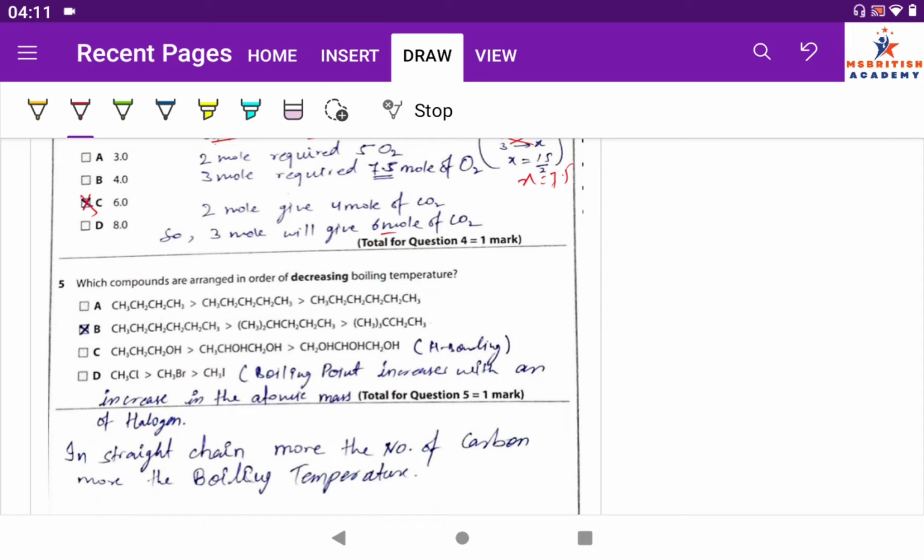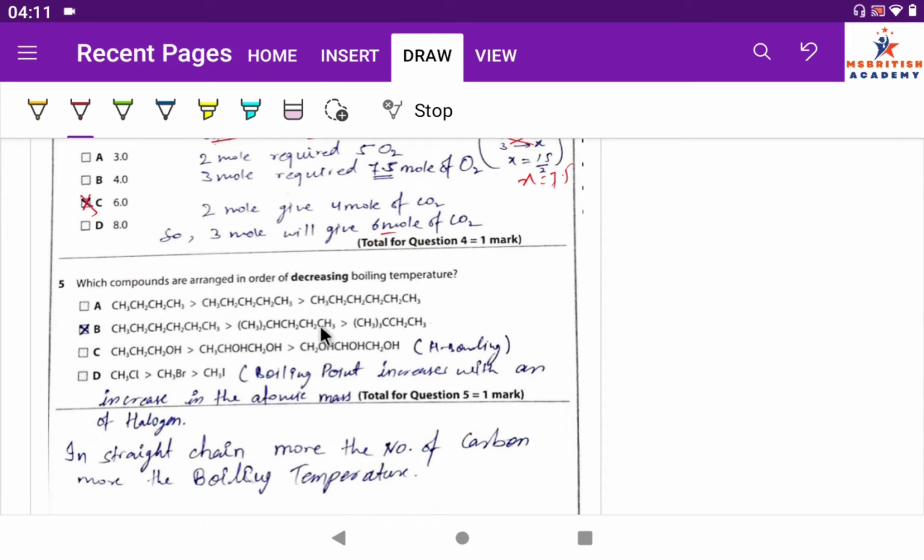Now question number 5. Which compounds are arranged in order of decreasing boiling temperature? First, see the number of carbons. So here 1, 2, 3, 4, 5, and here 6.